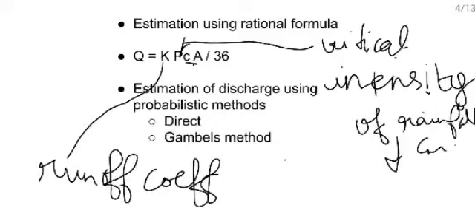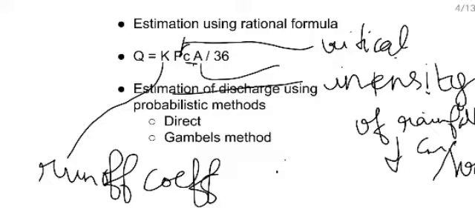So PC is the critical intensity of rainfall in centimeter per hour, and A is the area of the catchment in square kilometers, and K is the percentage of the rainfall which will turn into runoff. It depends upon the characteristics of the catchment, like infiltration and such properties. So we have a particular percentage which is a characteristic of that catchment.